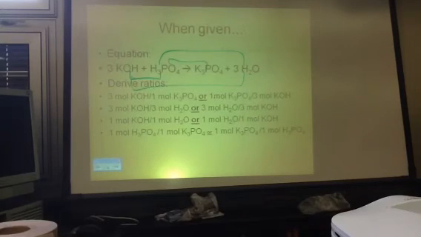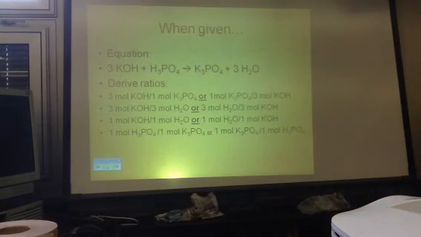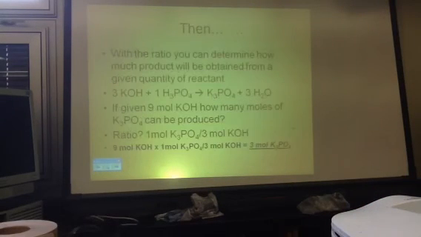Okay? Not too terribly difficult. Once you've got that ratio, you have the key to telling you how much product you're going to make from any quantity of that reactant.